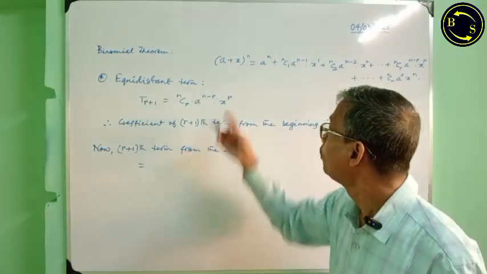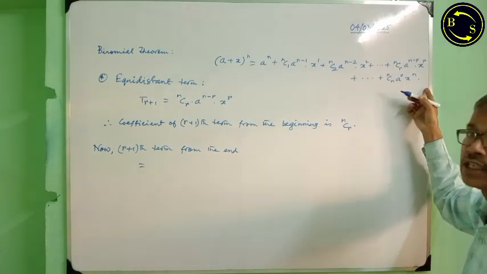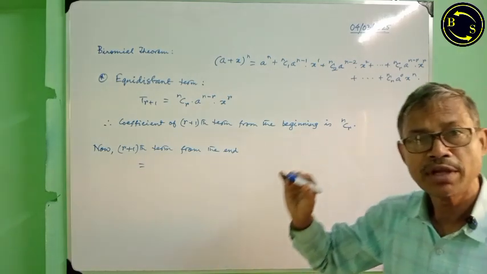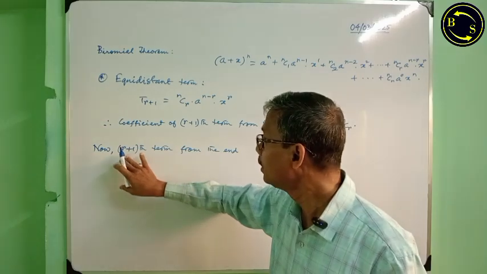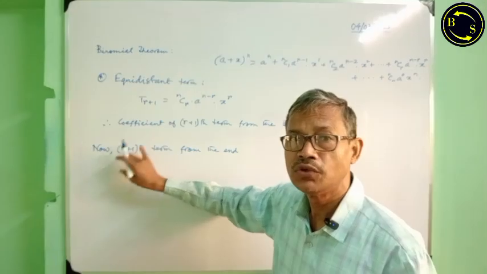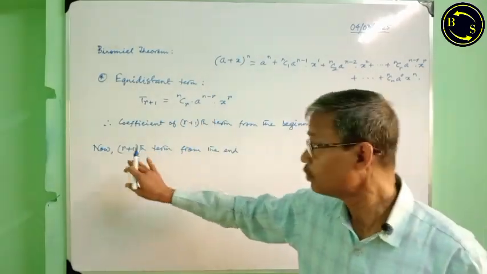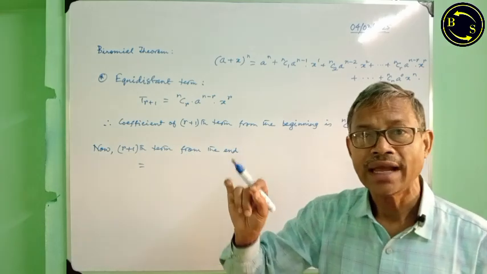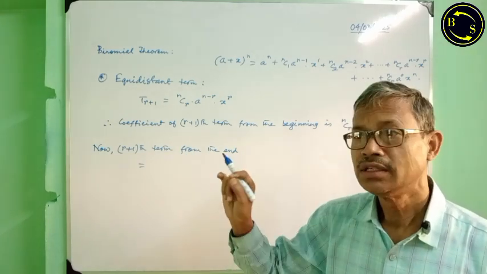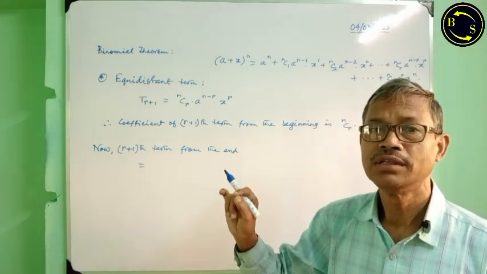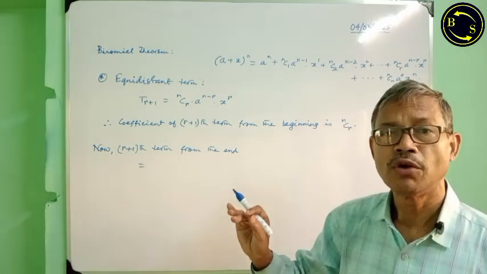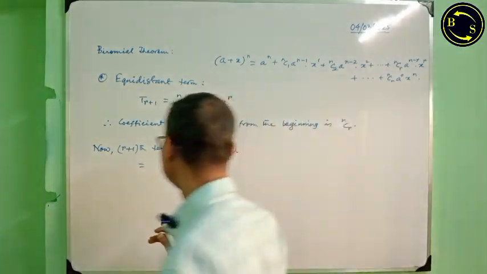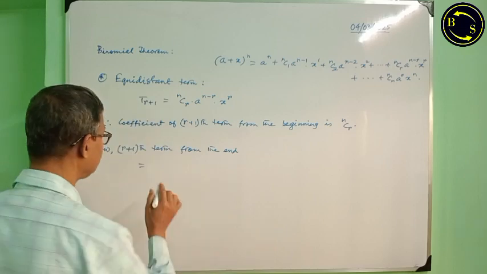How? We know the total number of terms in the expansion is n plus 1. Now to get the r plus 1th term, we first subtract this one and we add 1 to the whole result. That will be the r plus 1th term from the end, from the beginning.